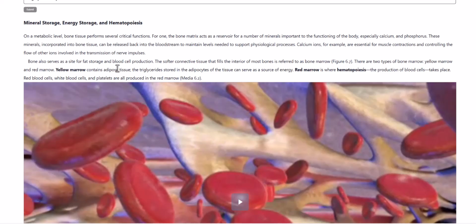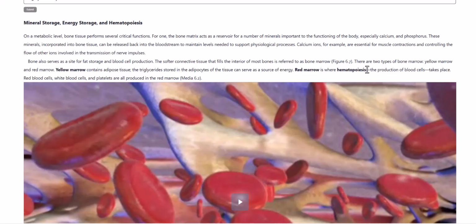There is a significant amount of adipose tissue making up our yellow bone marrow, and there is a fair amount of triglycerides that are stored in those adipocytes. The red bone marrow within long bones, and some flat bones, is the site of hematopoiesis.